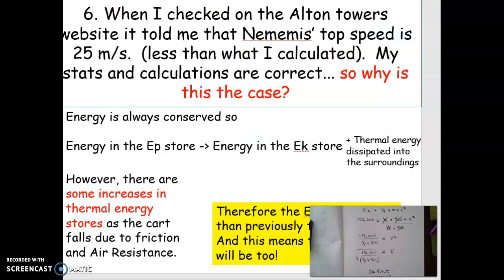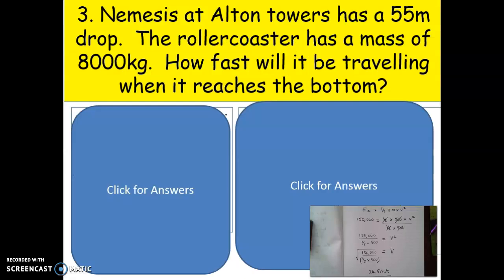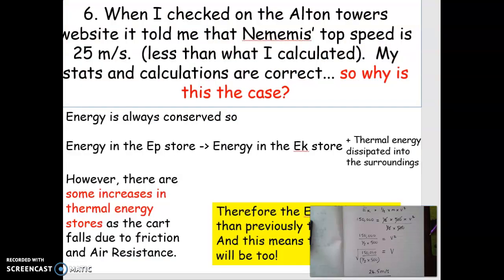Now this is a question about the Nemesis, the Alton Towers roller coaster. This is in relation to question 3, where you had to calculate how fast it would be travelling when it reaches the bottom. Assuming you've done that question, it says the top speed is less than what I calculated.